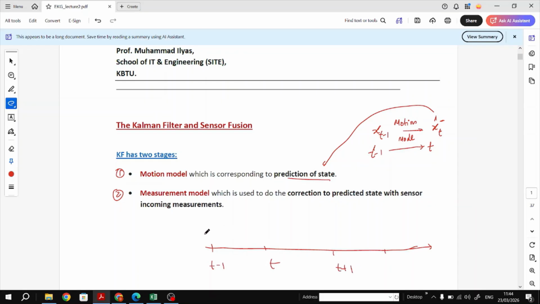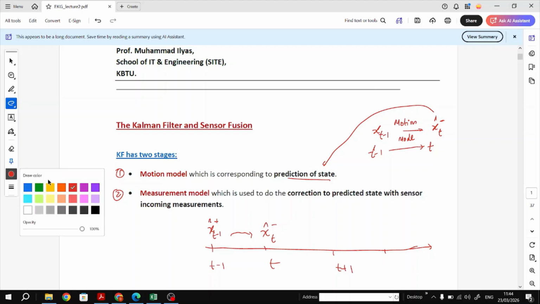Here you have the already known state at time t minus 1. You predict it to the next time step at time t, x hat minus, the predicted state as we mentioned. This step uses the motion model, as we said.